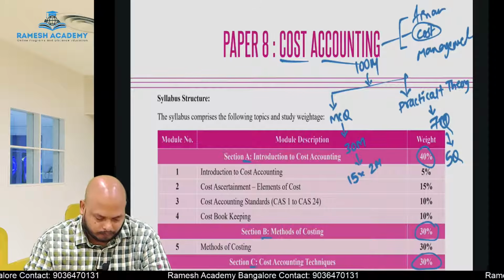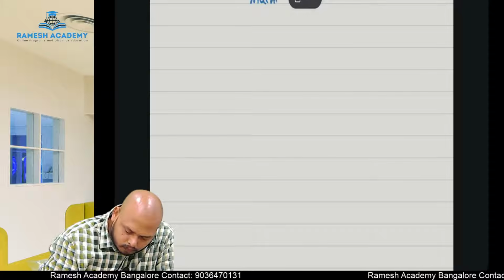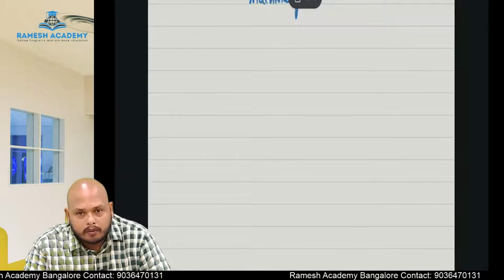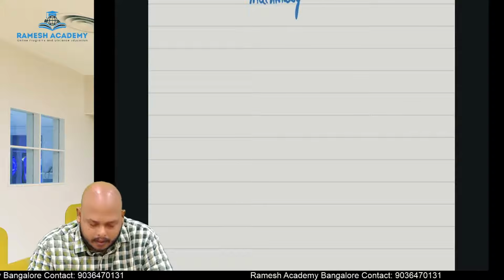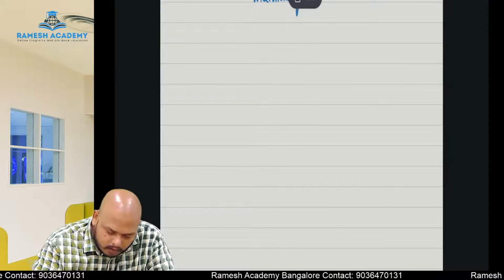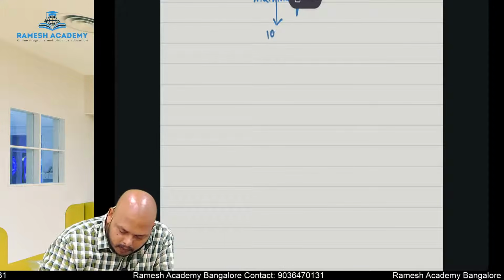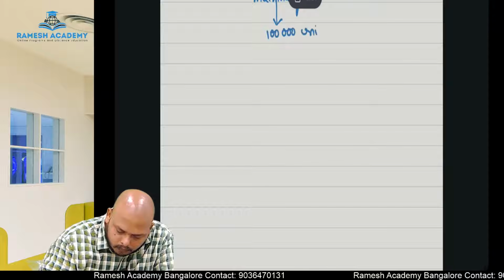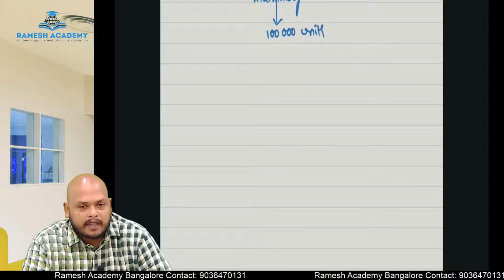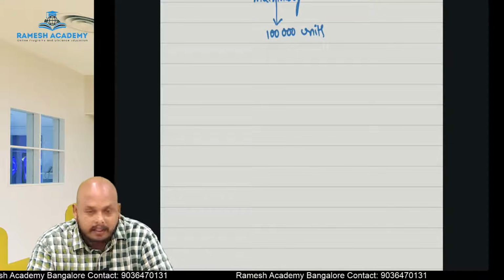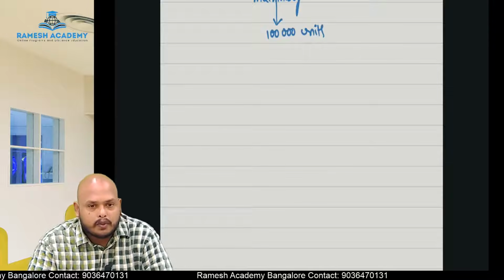Let's see here. Suppose, let us assume, one machinery. This machinery has a capacity to produce 1 lakh units. If the machinery is operating at 100% capacity, it can produce 1 lakh units.